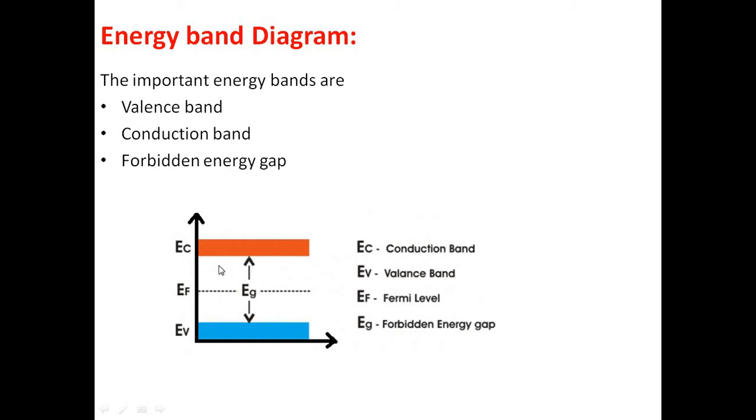The gap between them is called the forbidden energy gap. This forbidden energy gap is the amount of energy required for the charge carriers, the valence electrons, to move from the valence band to the conduction band.